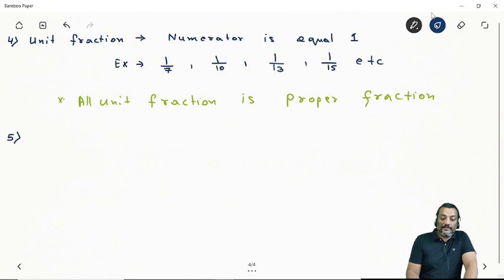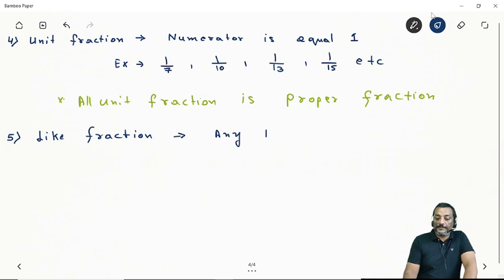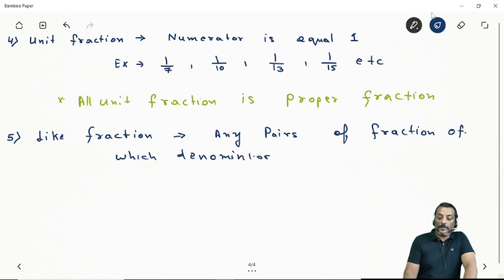Okay, now let's start with the next fraction, the fifth one. The fifth one is called like fraction. Okay, so any pair of fractions whose denominators are equal is called like fractions.